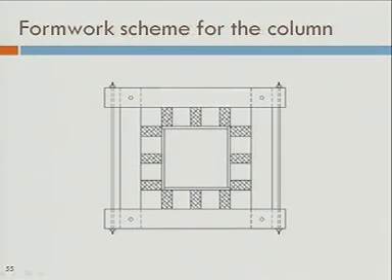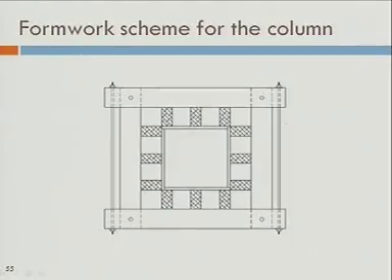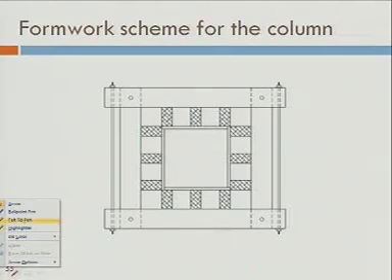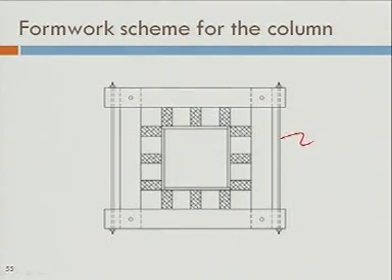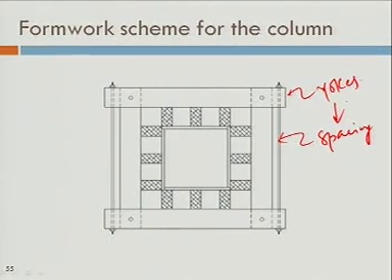Now these tie rods are spaced in vertical. What is the spacing of these tie rod, technology class? Wherever you have these yokes, you have put the tie rods. So can you find out the load coming onto these tie rods?